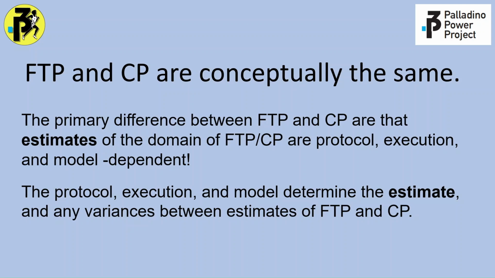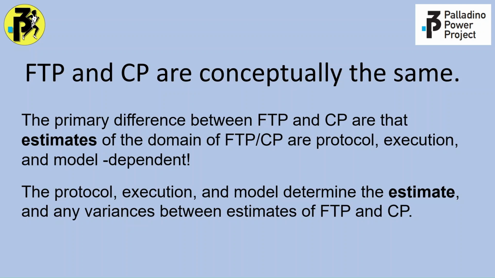And if you took that same 3-minute and 15-minute maximal effort test data and put it in a hyperbolic CP model, you're going to get a different estimate. They'll be close, but it's going to be different.